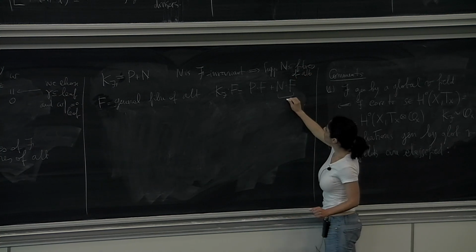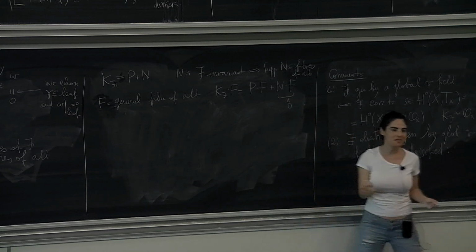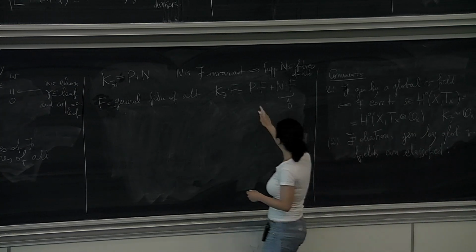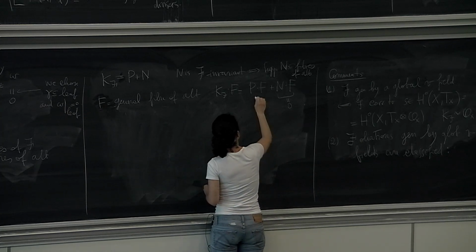So this is 0. A general fiber doesn't meet something contained in other fibers. I can move it around. And P is numerically 0, so this is 0 again.